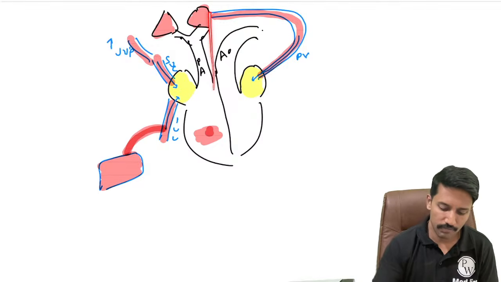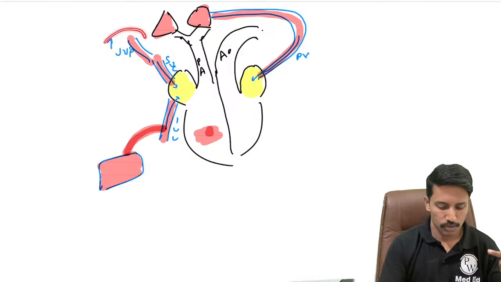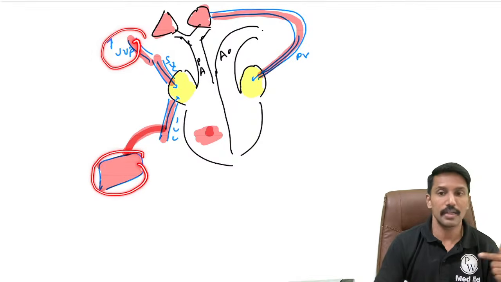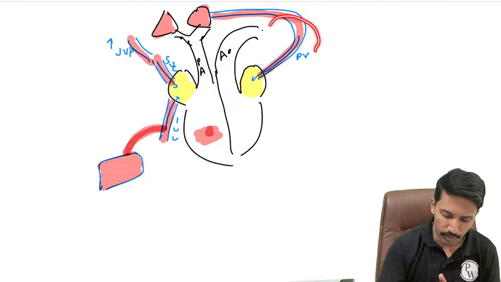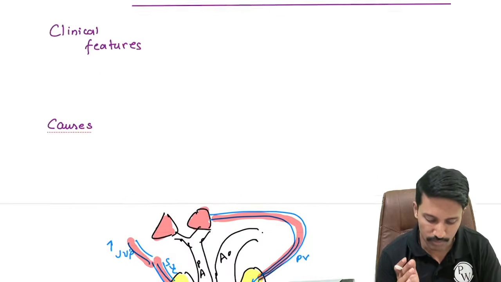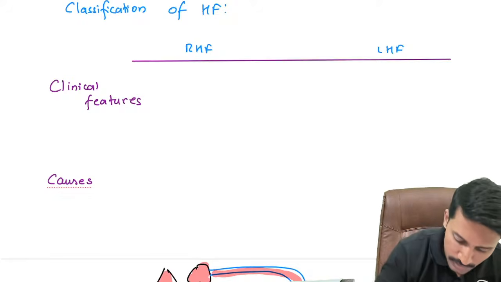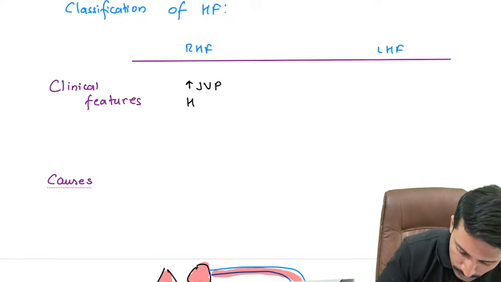So whenever I have right heart failure, where is the congestion happening? Jugular veins and liver. Whenever I have left heart failure, where is the congestion happening? Pulmonary veins and lungs. Those will lead to the symptoms. So right heart failure presents with raised JVP, hepatomegaly.